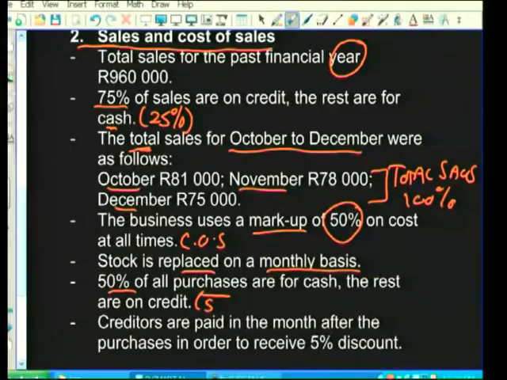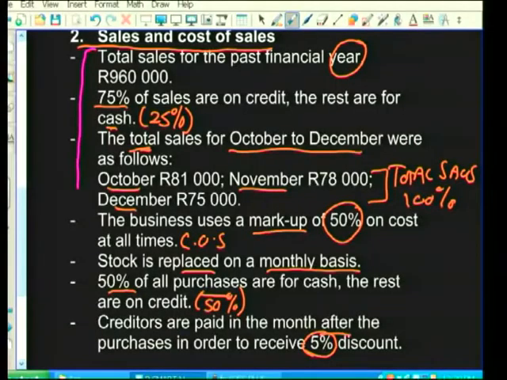Again, guys, total purchases is 100%. If 50% is cash, 50% will be on credit. And then I'm told creditors are paid in the month after the purchases in order to receive a 5% discount.